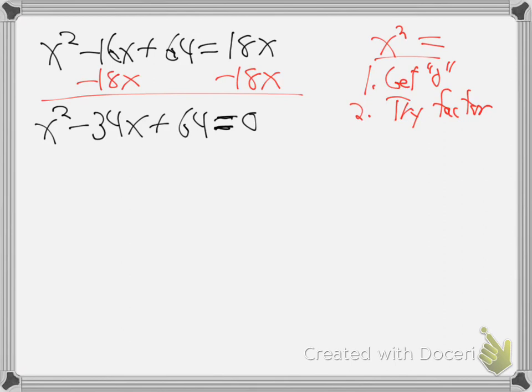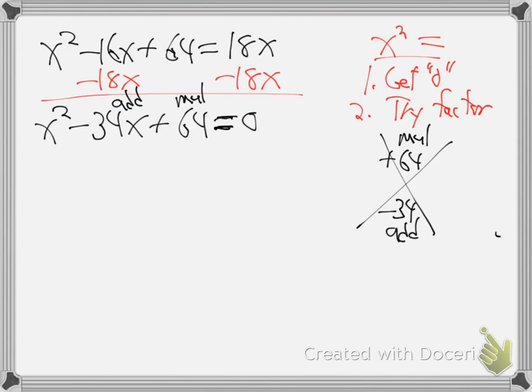Now, does that thing factor? Let's give it a try. We're looking for two numbers that multiply to be plus 64 and add to be minus 34. Well, if you take your calculator, you take 64 and you try dividing by different numbers. If you divide by 2, you'll get 32. 2 and 32.